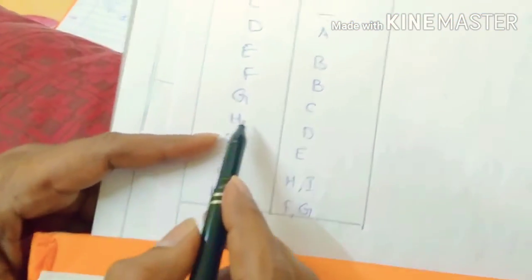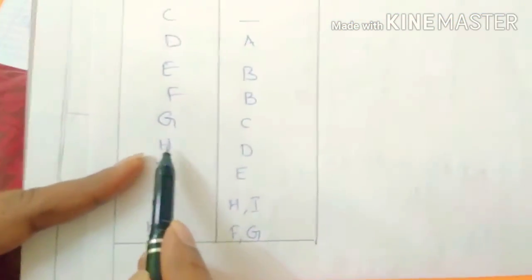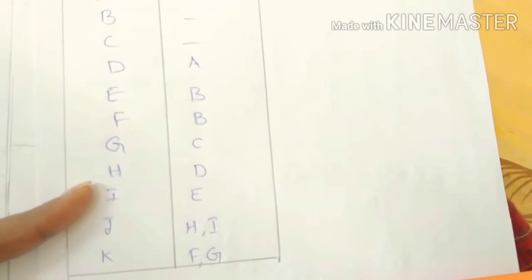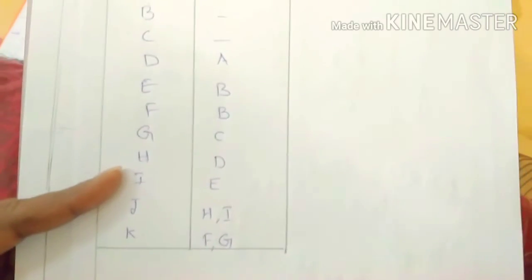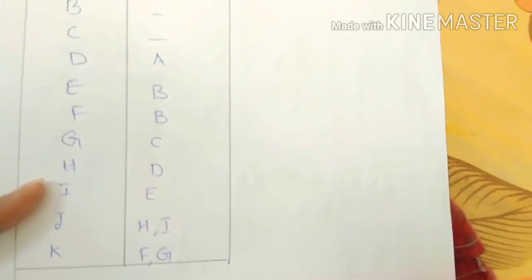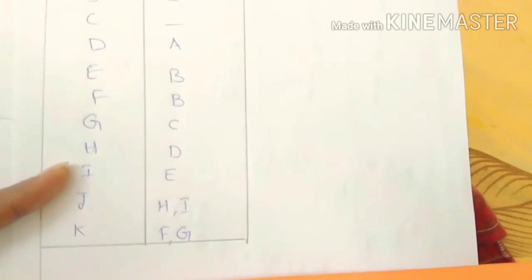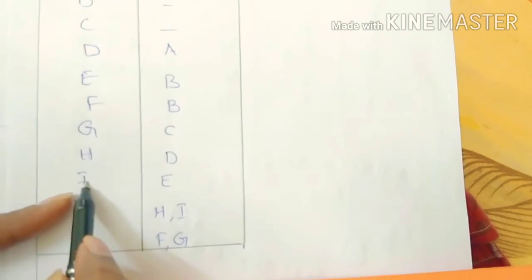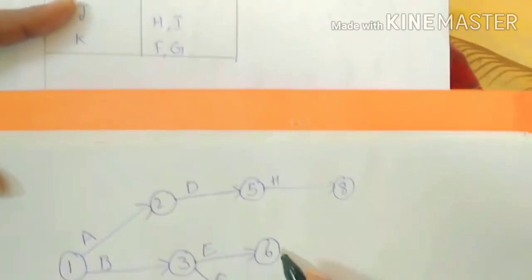Next look here, H activity is there. Before H activity, D should be there. So here likewise we draw node 8. We can name it as H. But next, I activity should be there. Before that E should be there. So here, I activity before E should be there.